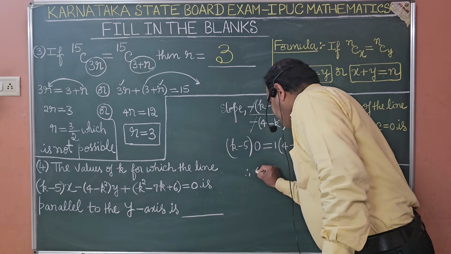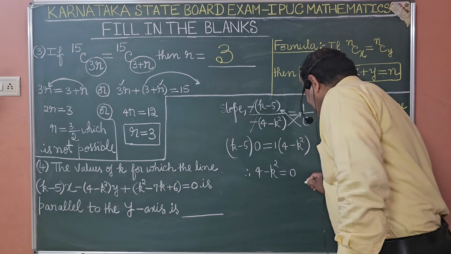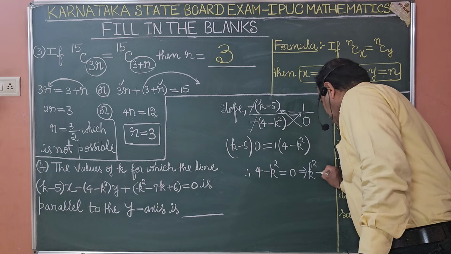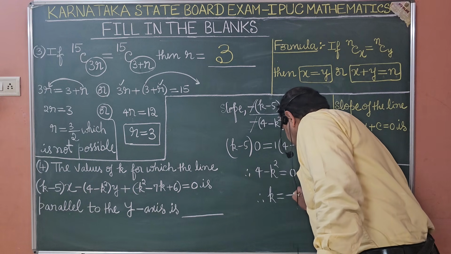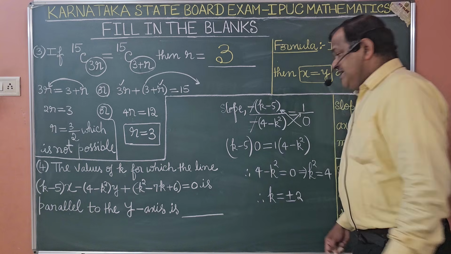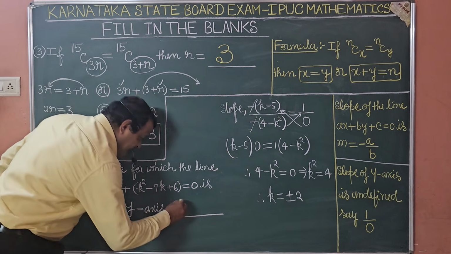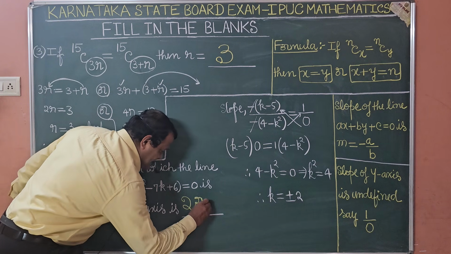Therefore, we get 4 minus k square is equal to 0. Hence, k square is equal to plus 4. Therefore, k is equal to plus or minus 2. Hence, in this fill in the blank, the answer is either plus 2 or minus 2.